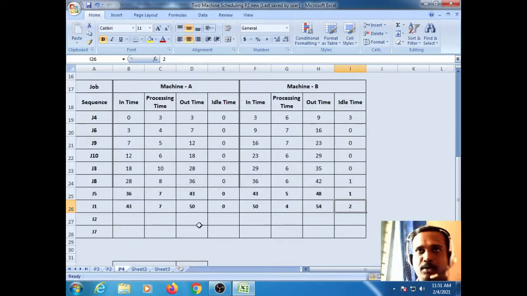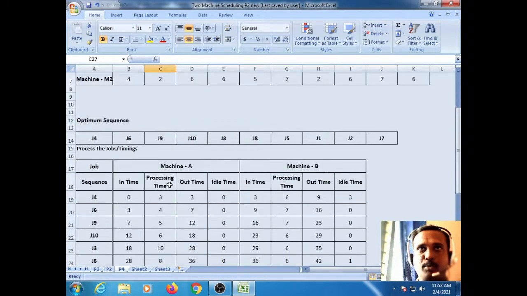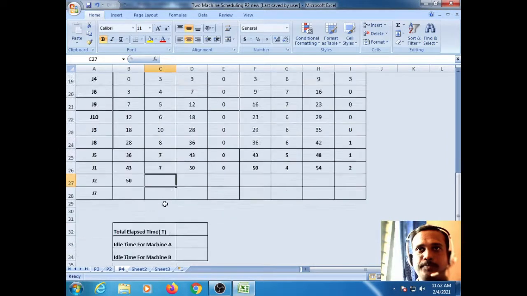Okay, 2 hours. The next job is job 2, so we take 50. Job 2 processing times are 8 and 2, so we take 8 here and 2 here. What is the idle time here? 50 and 50, so here we take 0.